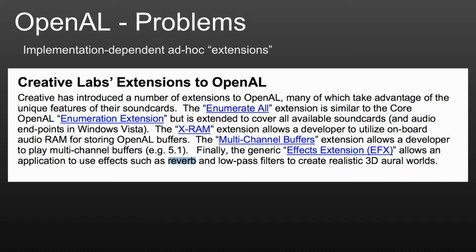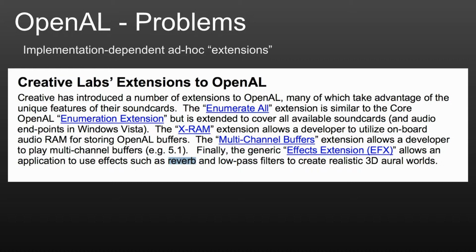For example, especially with reverberation to create room effects and special effects, and also some low-pass filter type stuff, there was really no standardized API. The very base level API was totally standard to just create a source and give it a buffer and play it and pan it somewhere in space. But for reverberation, you had to have a special extension. It was not part of the standard.